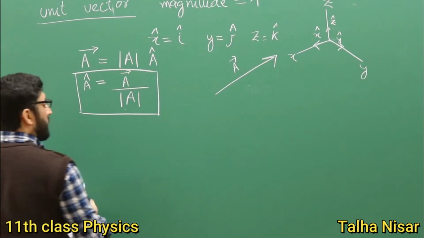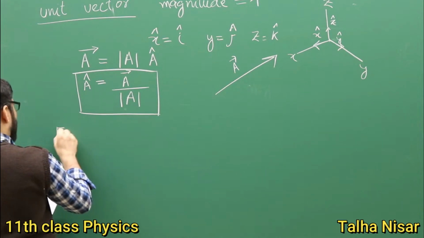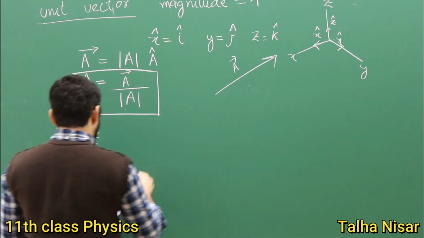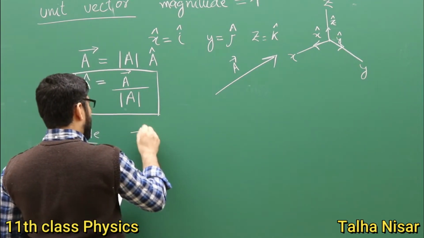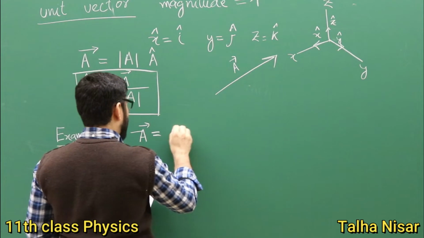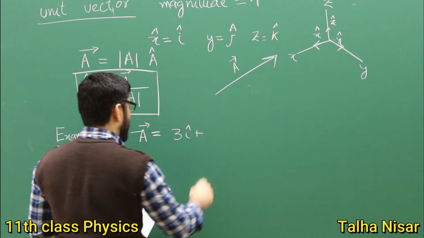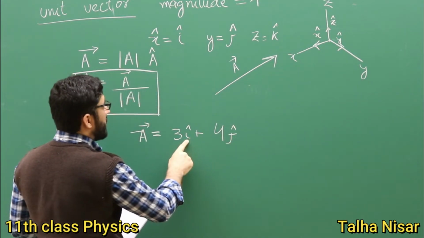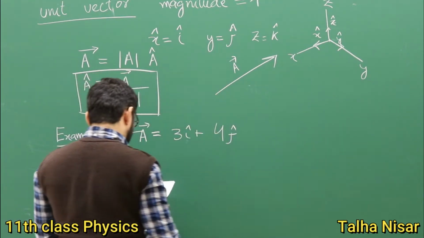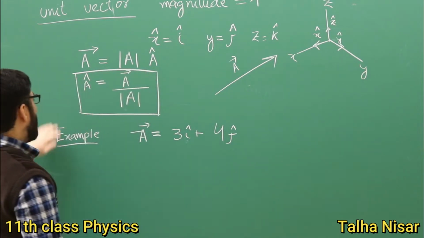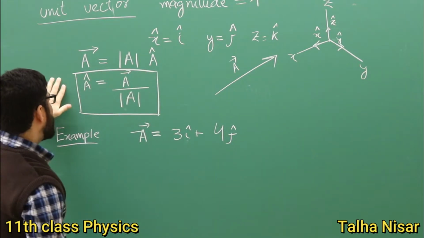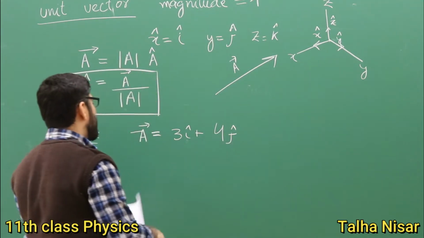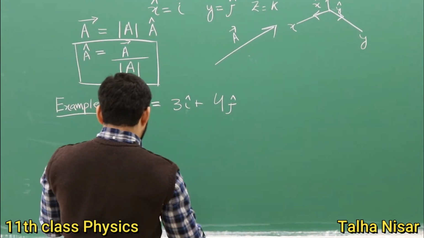So we will take an example. We have a vector 3i plus 4j. This is in the x direction, and this is in the y direction. We want to prove that the unit vector's magnitude is 1, and see if it's really 1 or not.